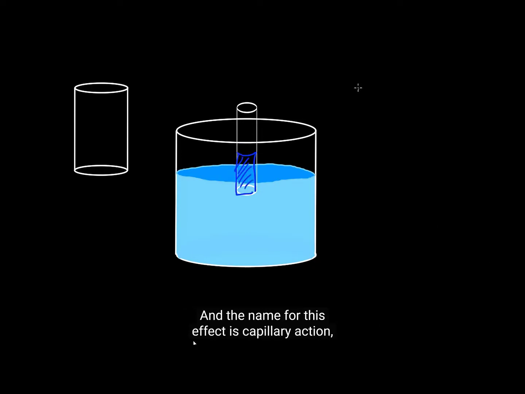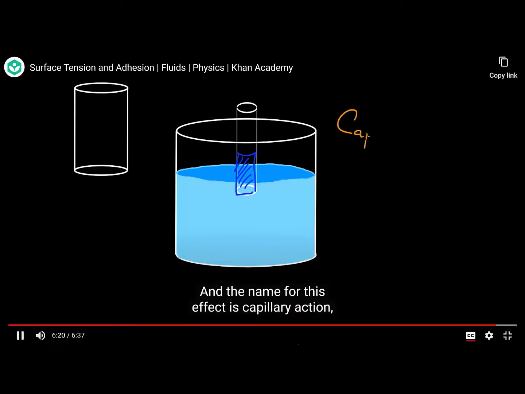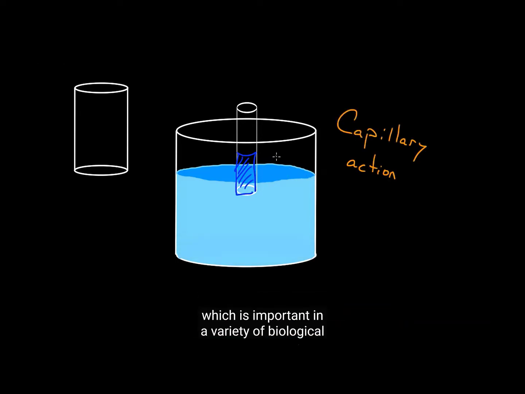And the name for this effect is capillary action, which is important in a variety of biological and non-biological examples where fluid is being aided in transport partially by the attraction to the walls of the container or the tube that it's flowing in.